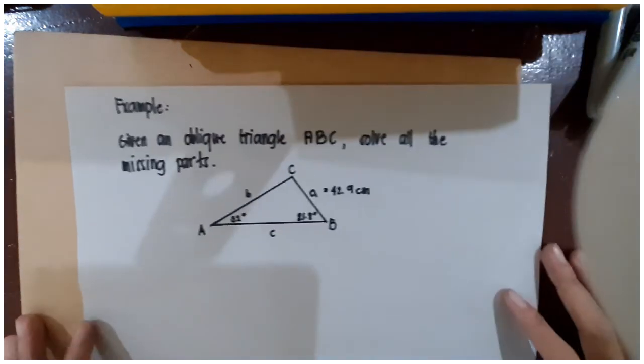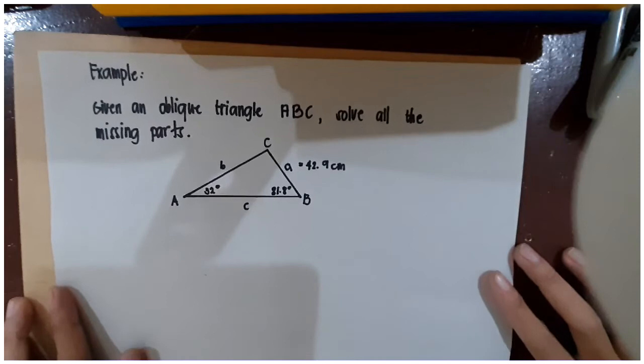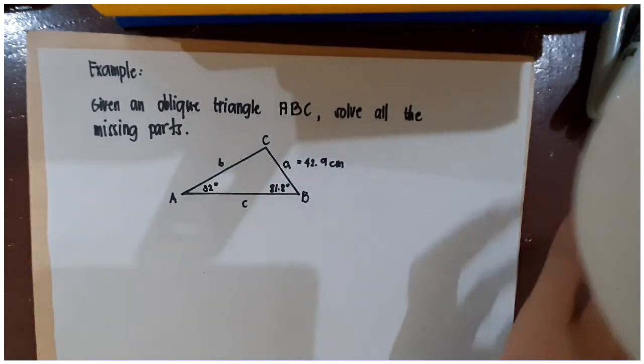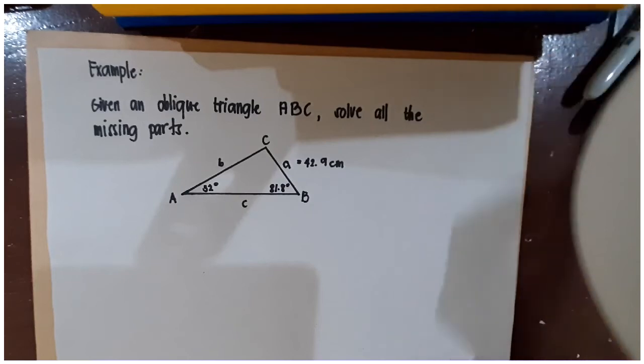Now what about for the laws of sine and cosine? So let's use first your law of sine. So you have your A given, a triangle ABC. You have to solve for the missing parts.